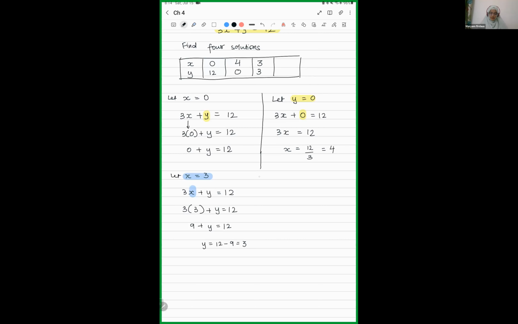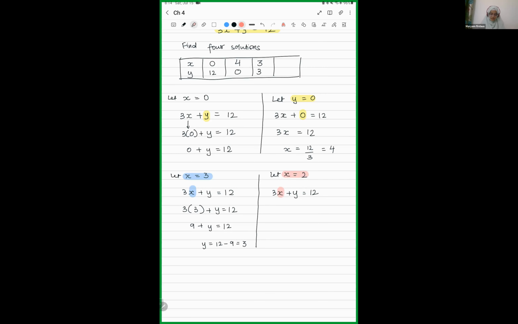Okay. Now let's do x equals 2. So what will we have now? Zen, your turn. What will we have now? 3x plus y equals 12. Yes, and what is x? 2.